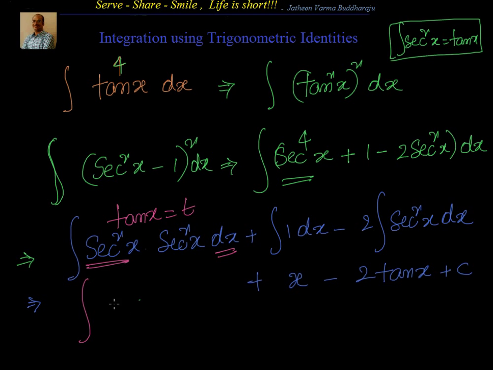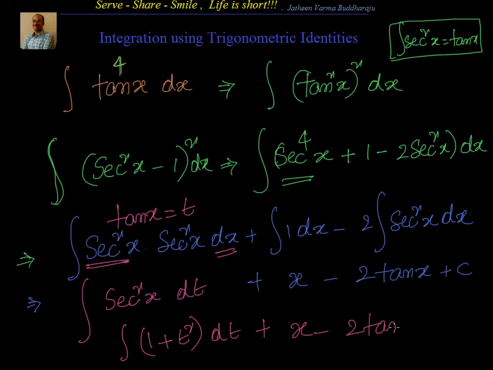So I will have secant square x, I'll just keep it for some time, and dt. I cannot have this in x because I am having dt, so secant square x is nothing but 1 plus tan square x. So I can write it as 1 plus t square dt plus x minus 2 tan x plus c.